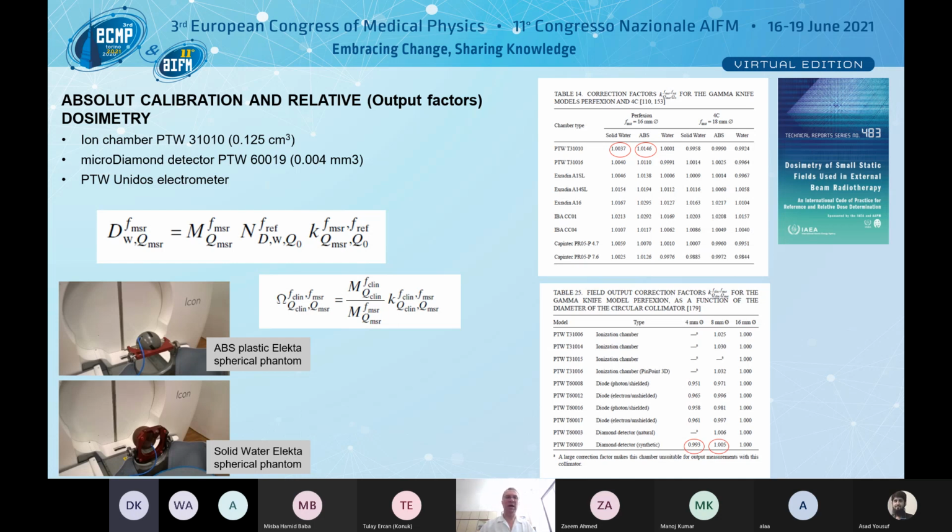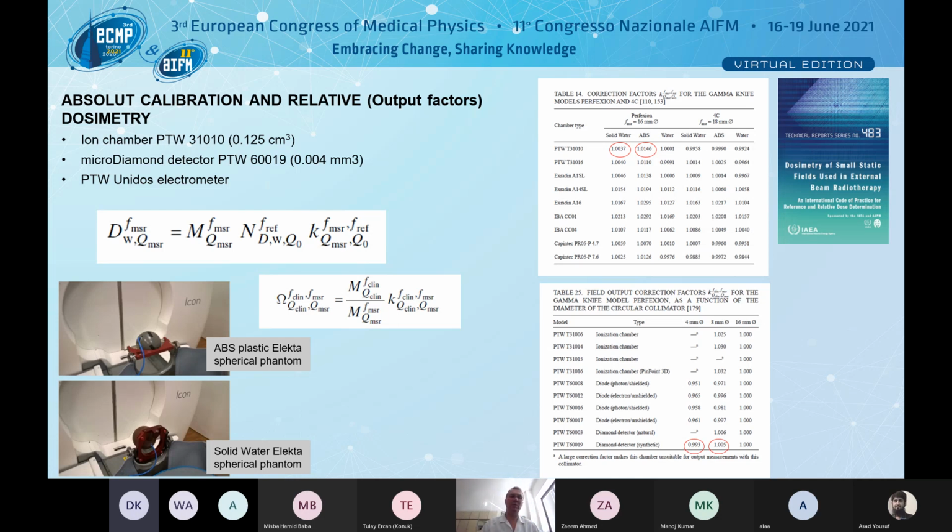So here I am measuring, as an example, with this chamber. I am measuring in solid water phantom on perfection, and immediately I get this K factor. And then it's the standard step-by-step procedure which you should be familiar with.